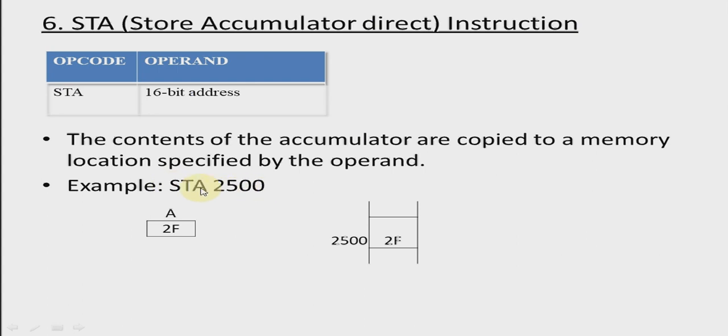I am storing the content of my accumulator to this particular memory address given in the operand. Suppose my accumulator has 2F, and I write 2500 as the 16-bit address. Then at 2500 the content of the accumulator will be stored, that is, 2F will go to location 2500.